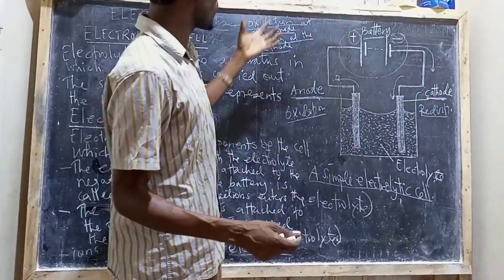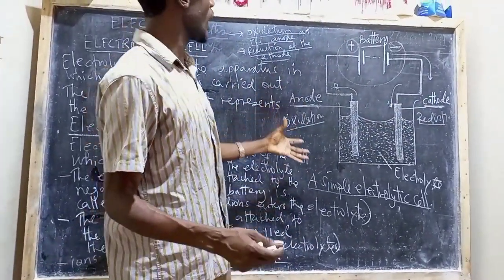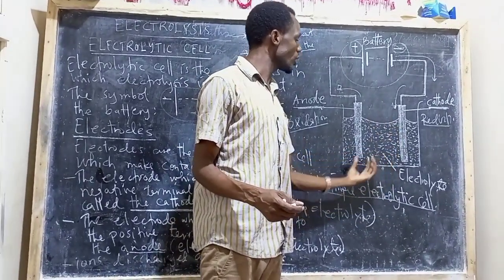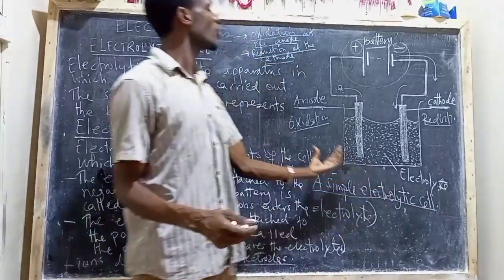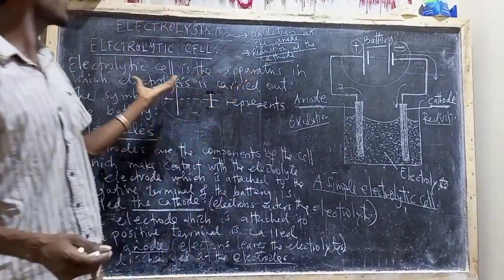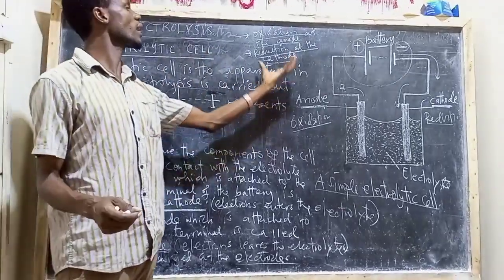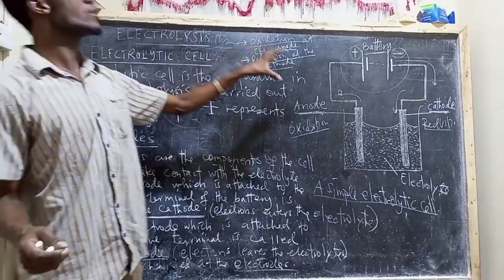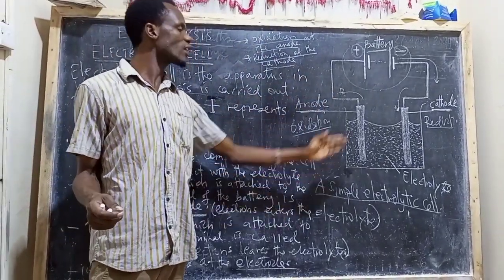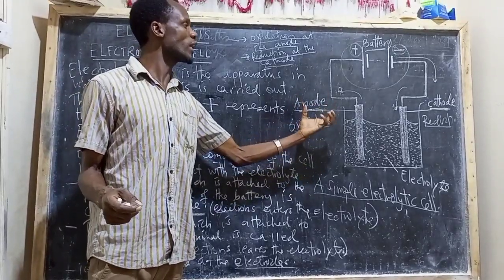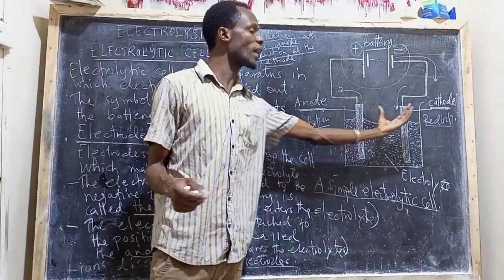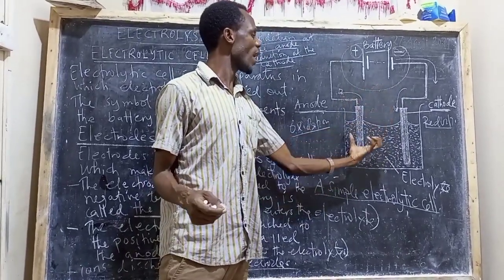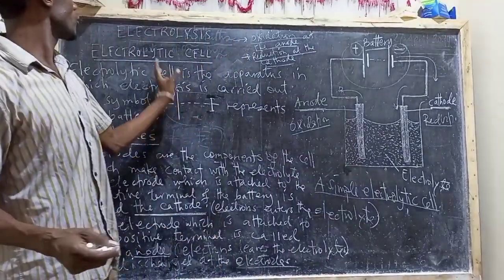So whenever we talk about electrolysis, we talk about the electrolytic cell where we conduct it. It is very important for us to learn about because it is the simple apparatus we use to conduct electrolysis. In the absence of the electrolytic cell, there is no electrolysis, because it must be conducted in the electrolytic cell to produce what we want, since we want oxidation and reduction. So we want to discharge the electrolytes. Now that's all about the electrolytic cell.